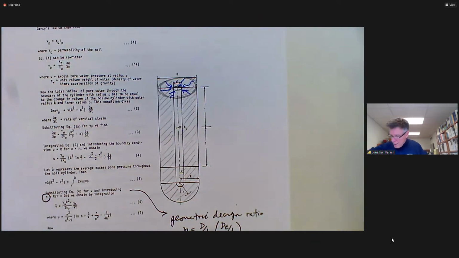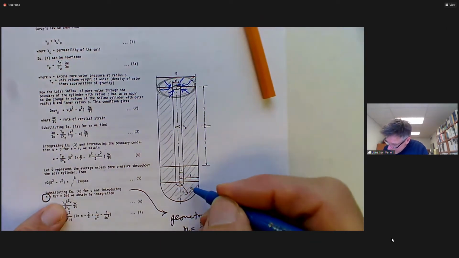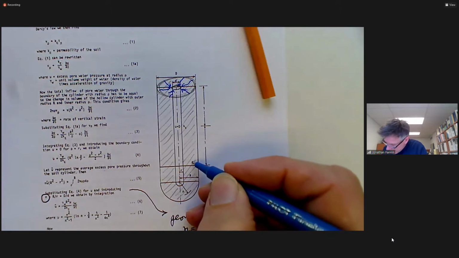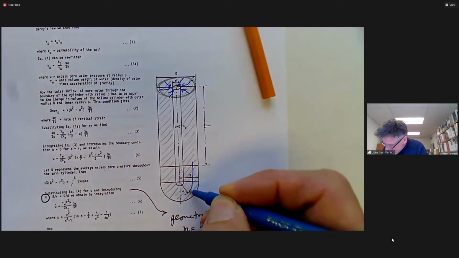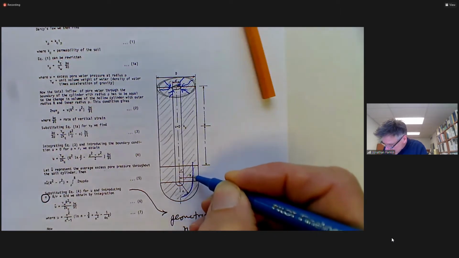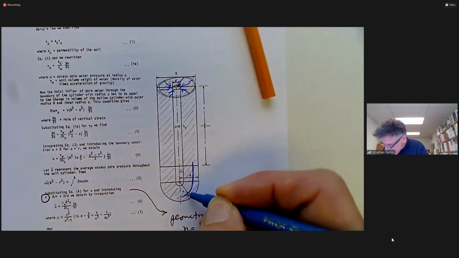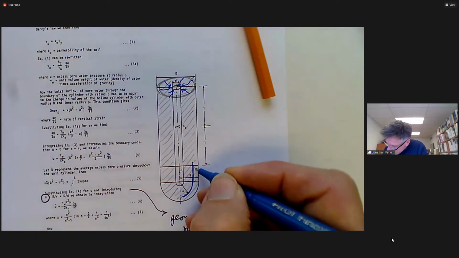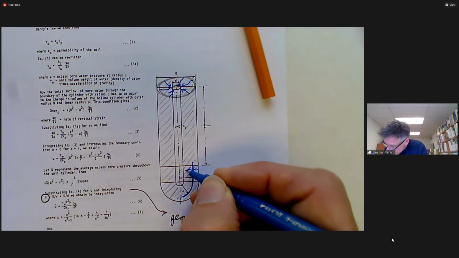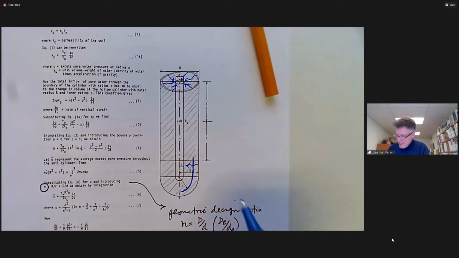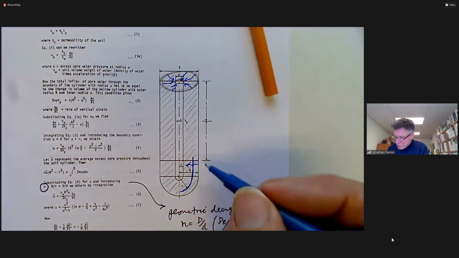Okay, and let's imagine that we have some kind of surface across which we're going to examine the flow across that surface towards the drain and the volume change.